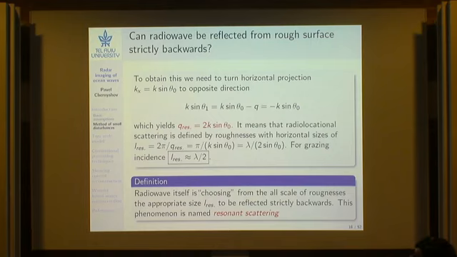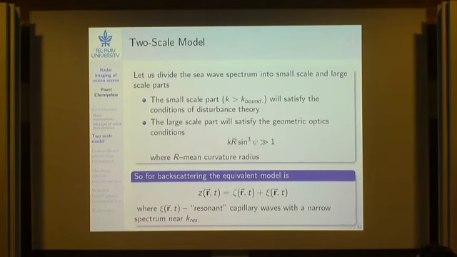If it happens, it means that we have backscatter. For grazing incidence, it becomes a really simple expression: lambda resonance of wave is approximately lambda electromagnetic divided by 2. So let's go further.